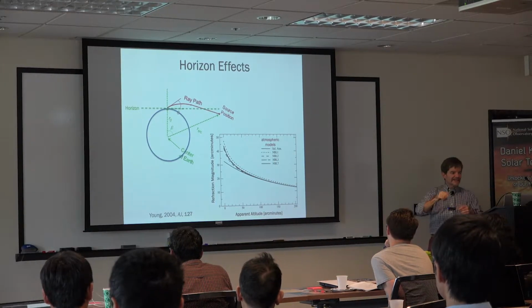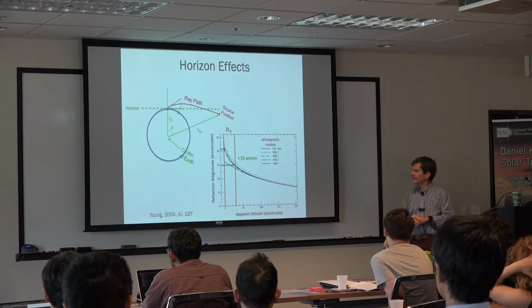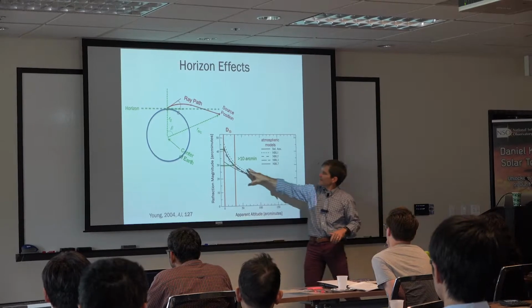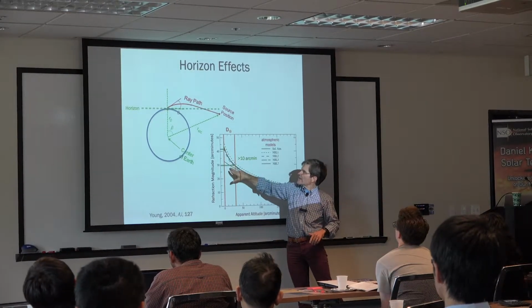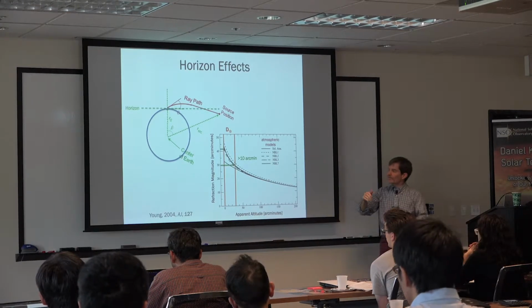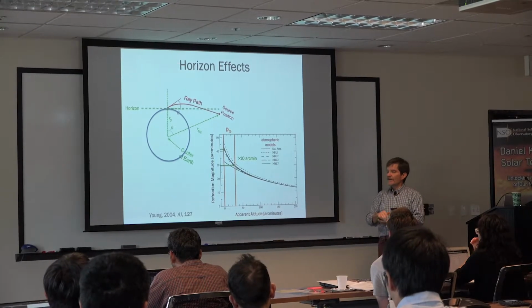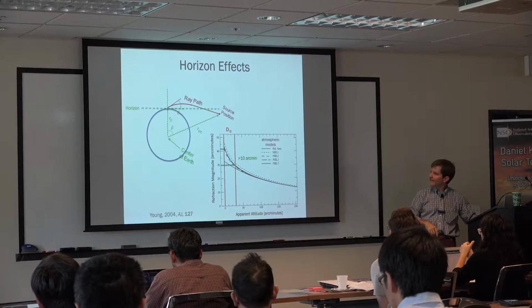And so that's why we see the sun actually a few minutes before it comes above the true horizon. What's interesting is that this varies by about 10 arc minutes just over the diameter of the sun. So the lower part of the sun is bent up by a greater degree than the top of the sun.